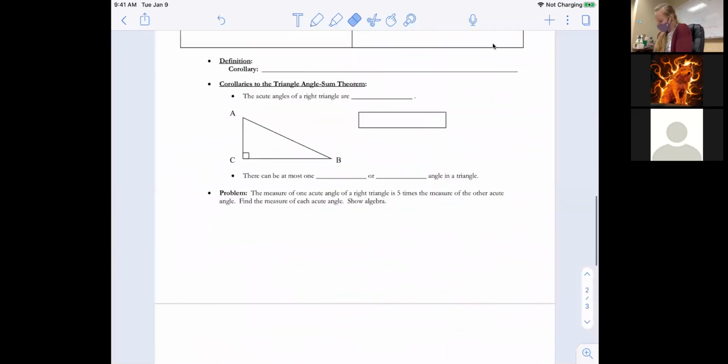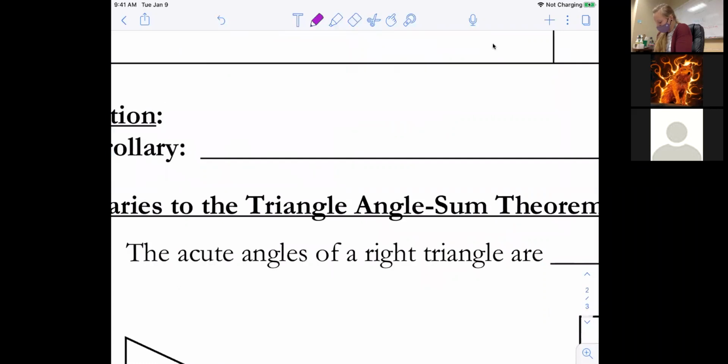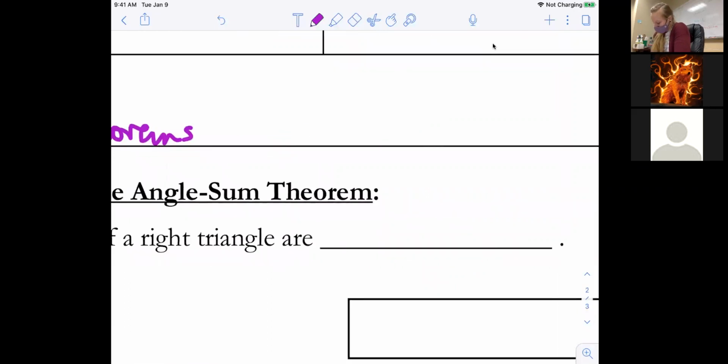Okay, last thing is corollaries. Corollaries are basically mini theorems. So we know theorems are those big statements that we assume are true. Basically, a corollary can be easily proven from another theorem.